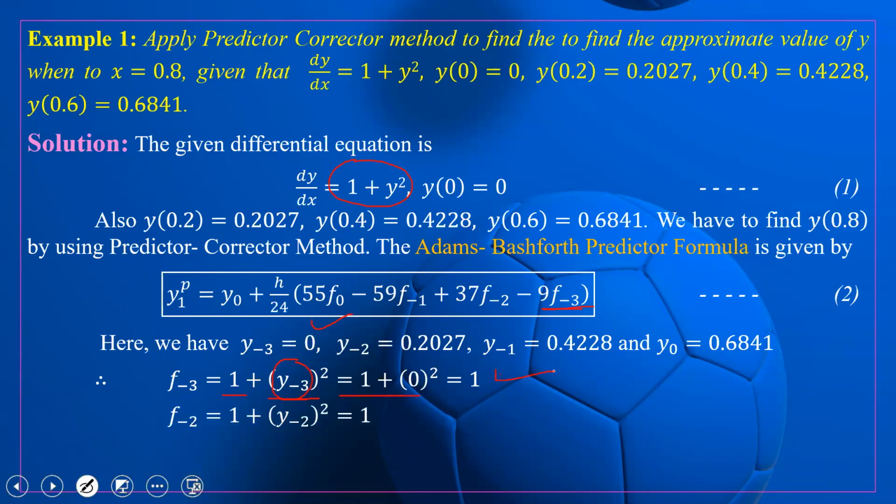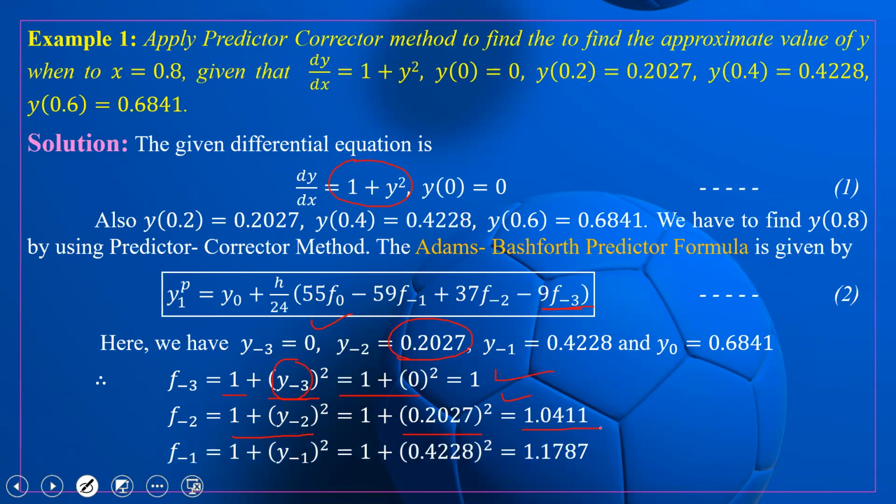Similarly, what is f of minus 2? So 1 plus y minus 2 whole square, and y minus 2 is 0.2027 square. If we simplify it, we get 1.0411. Similarly, what is f of minus 1? It is 1 plus y minus 1 whole square, and y minus 1 is equal to 0.4228.